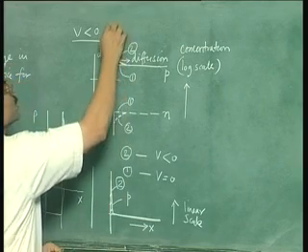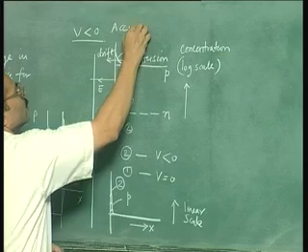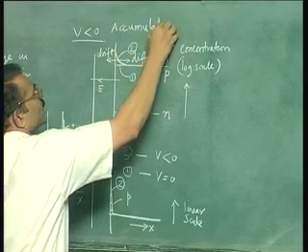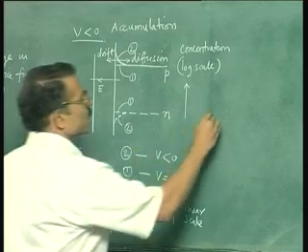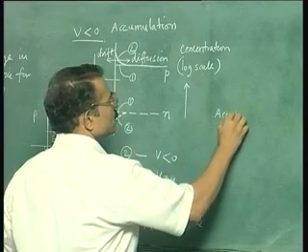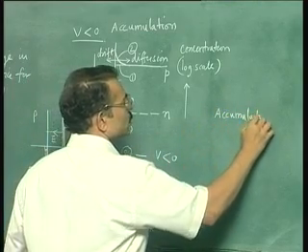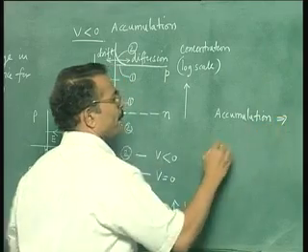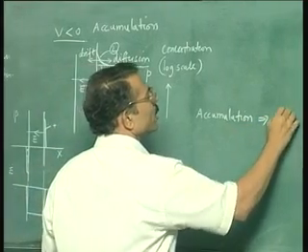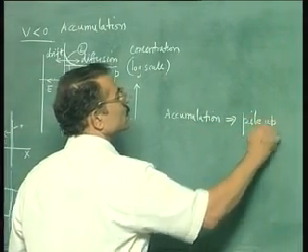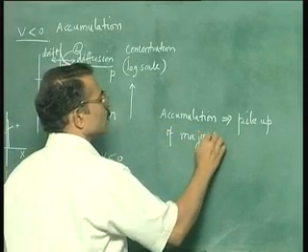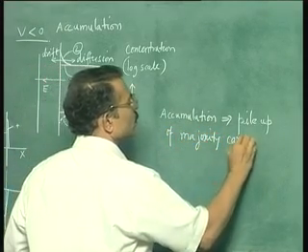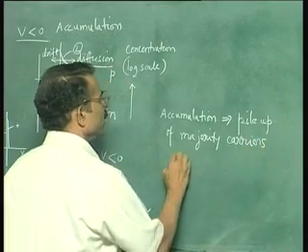So this condition is referred to as accumulation condition. Now accumulation means pile up of majority carriers at the interface.